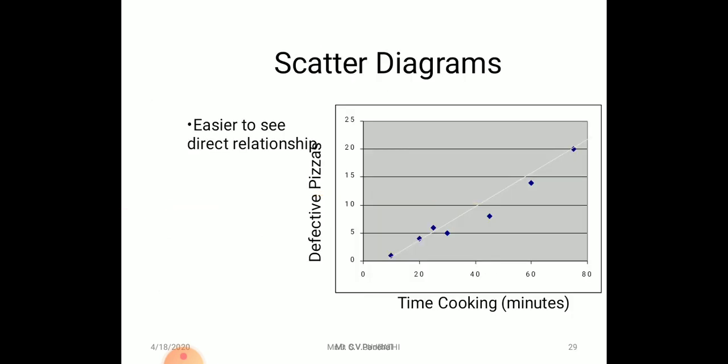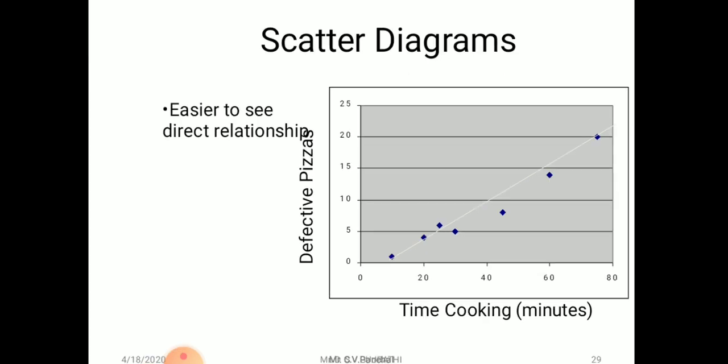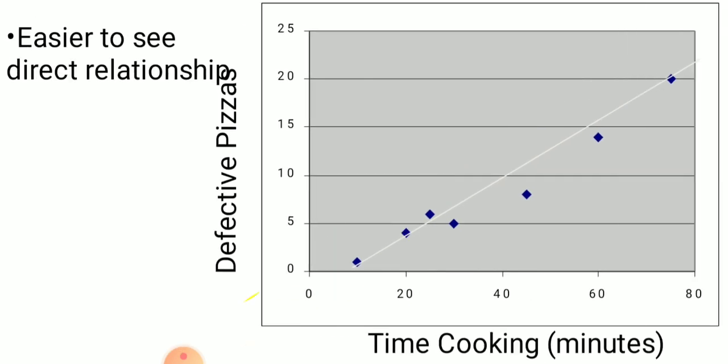Now this plot, this graph, will explain it in a very easy way. On the y-axis they have taken defective pizzas and on the x-axis cooking time. You can see here, if the time required for cooking a pizza is more, then the chance of getting a defective pizza is also more.